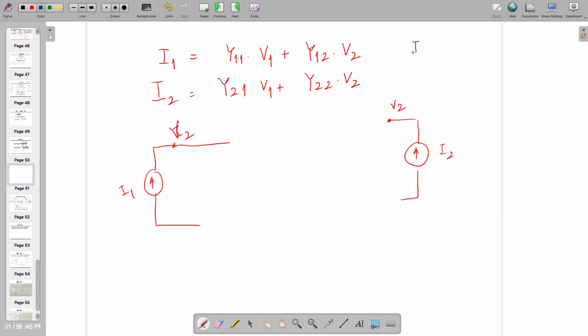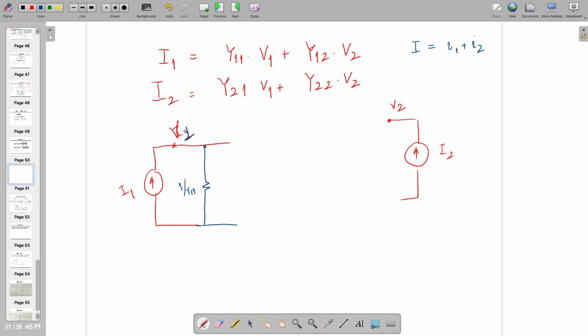Look, if there is a current I equal to I1 plus I2, and I want to draw the equivalent diagram, it's only possible when there are two currents going down, named I1 and I2. Then I is equal to I1 plus I2 as per KCL. So now tell me, will these two quantities be in series or parallel? Parallel. So this has to be V1, and this resistance value is 1 by Y11.